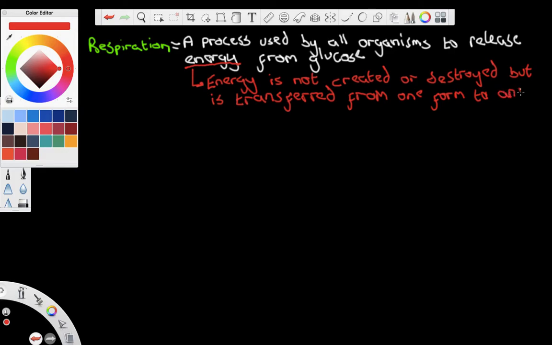That's really important, and that's why I've put it in red pen, okay? Do not say that respiration makes energy. It doesn't. It releases energy from glucose.